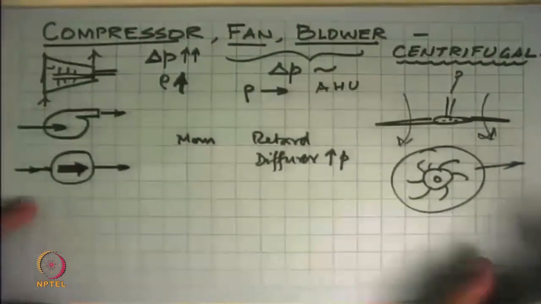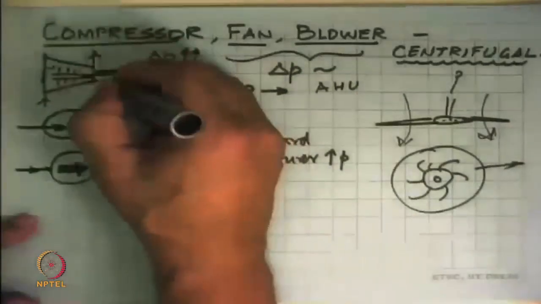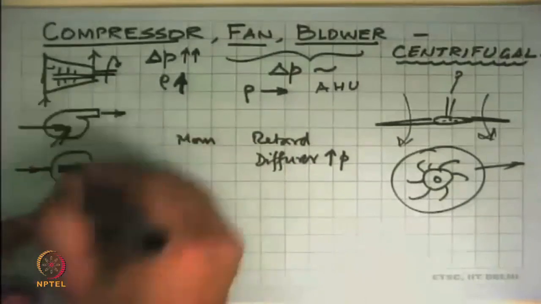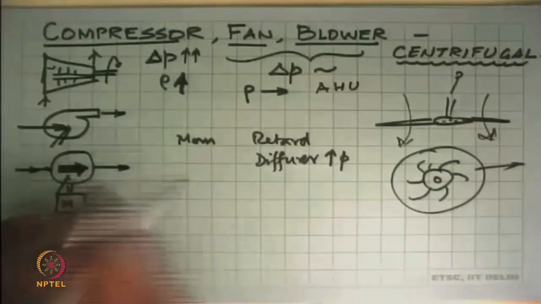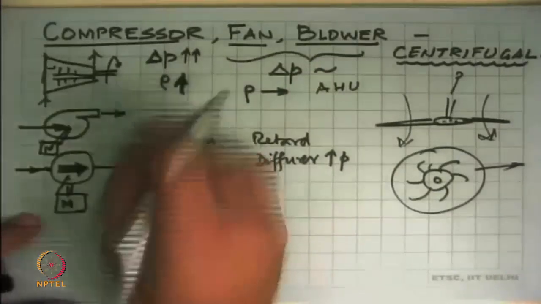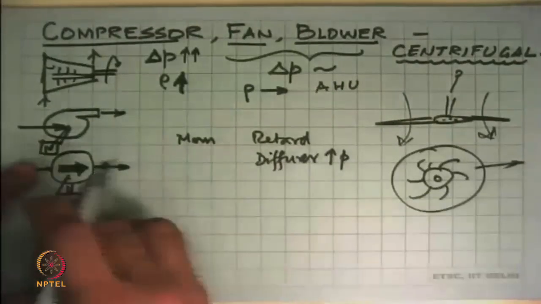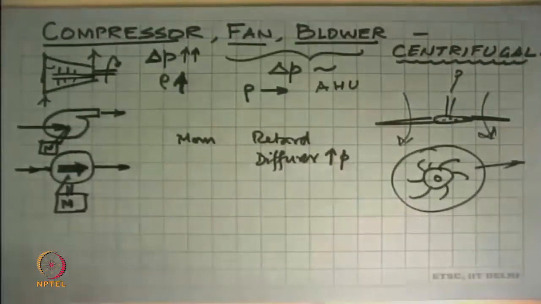Okay, so now how do I analyze these? For that we accept that for this to happen, there has to be a work input. So we can show here by a symbol, a motor, that is a motor powering this device. What it does is you have work input taking place, and the system we first define in all of these.